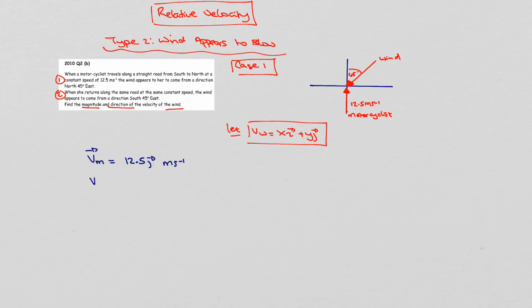And we then have the velocity of the wind we're calling xi plus yj, again in metres per second. And therefore, if we're looking for the velocity of the wind relative to the motorcyclist, well, then that's going to be the velocity of the wind minus the velocity of the motorcyclist. And again, that's page 50 in our maths tables.